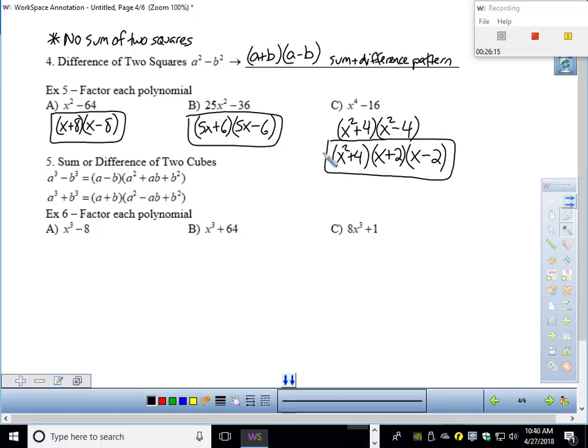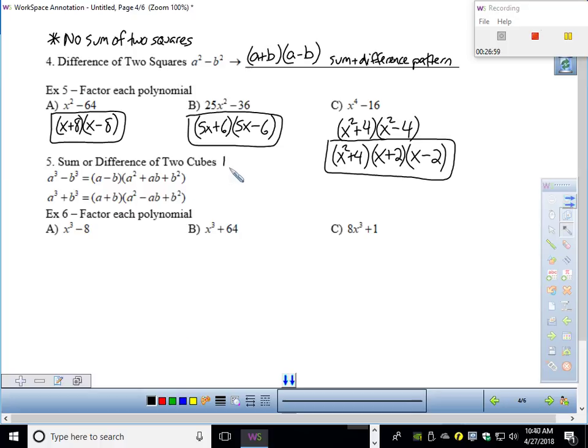Okay, let's go get pattern number 5. This is a little more obscure, but you did see this in Algebra 2. So remember, there's a difference of two squares, but no sum of two squares. There is, however, both sum and difference for two cubes. So just remember your cubes real quick.